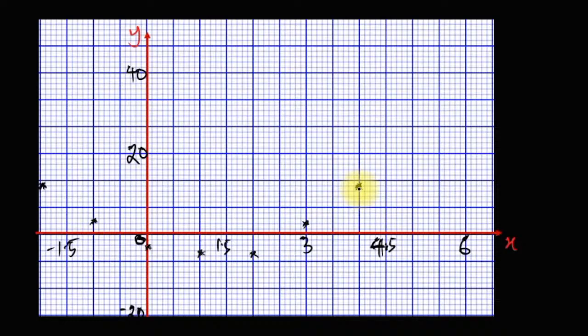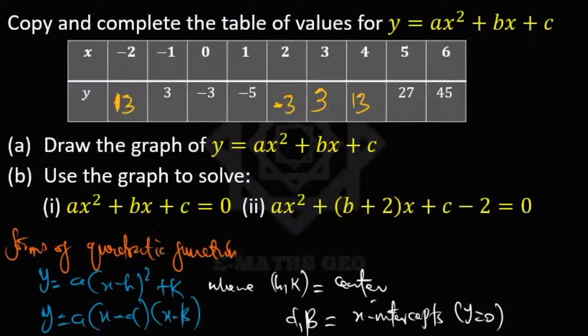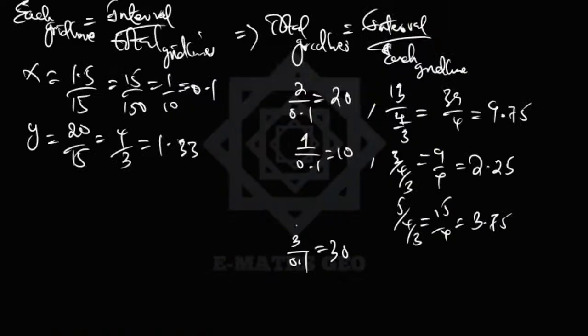So y is 5 and 27. So 5 will be 50, 5 over 0.1. So let's check for 27. For y 27, I have 27 over 4 over 3, which is 27 times 3, 81 over 4.